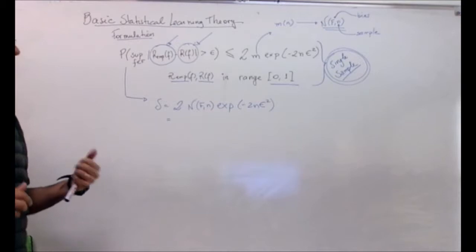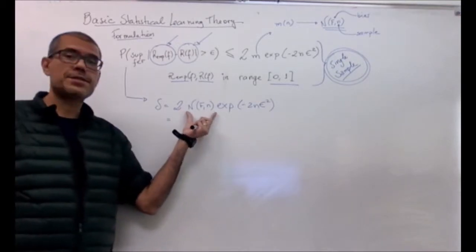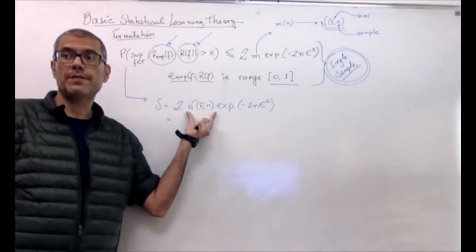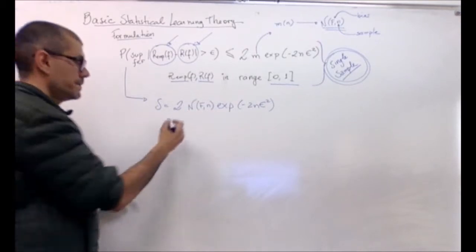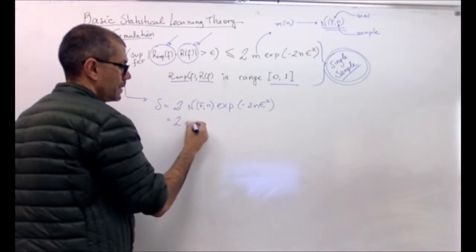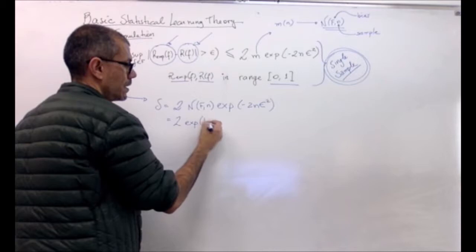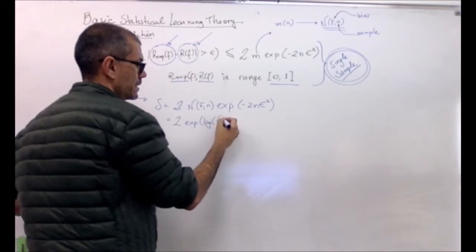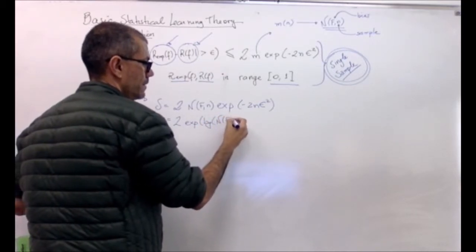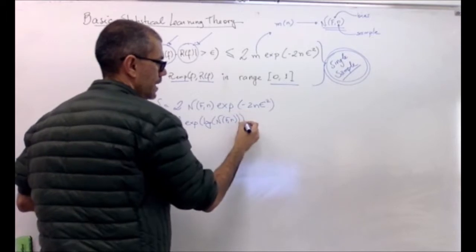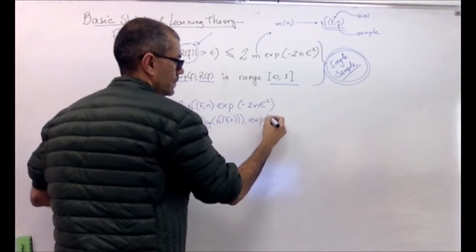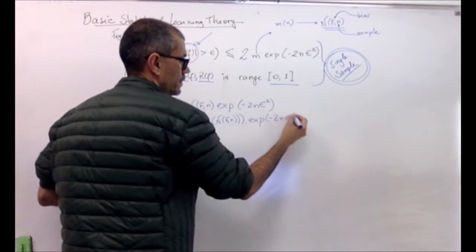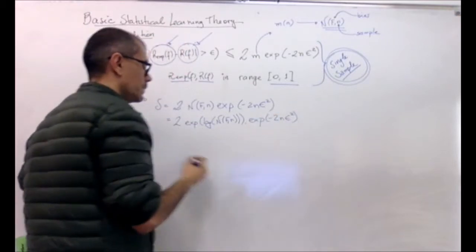As the next step, I will apply the exponential and the log to the scattering coefficient to have something like this. So I apply an exponential and a log function on this term, times the exponential of -2n epsilon squared.